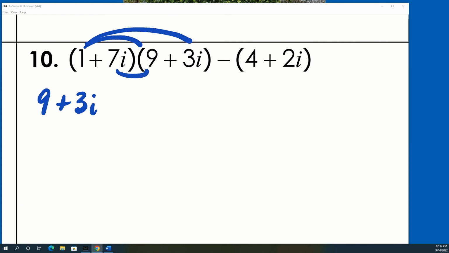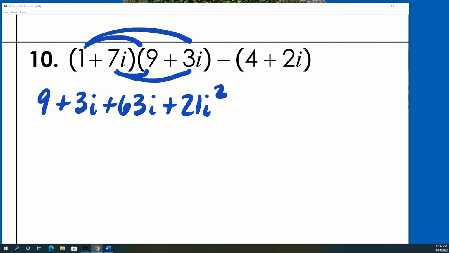And then I'm going to distribute 7i. Right? And then because there's a minus sign in front of these parentheses, I'm going to distribute the negative. So this one has quite a bit going on.